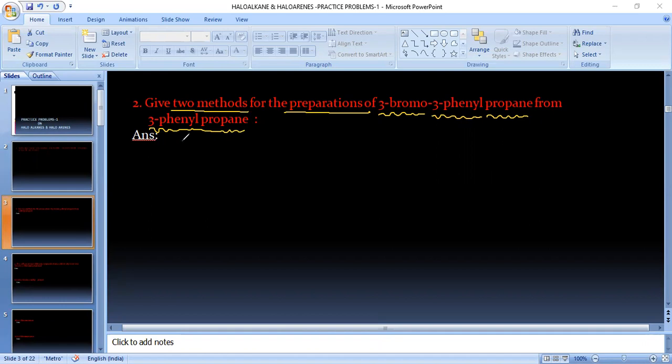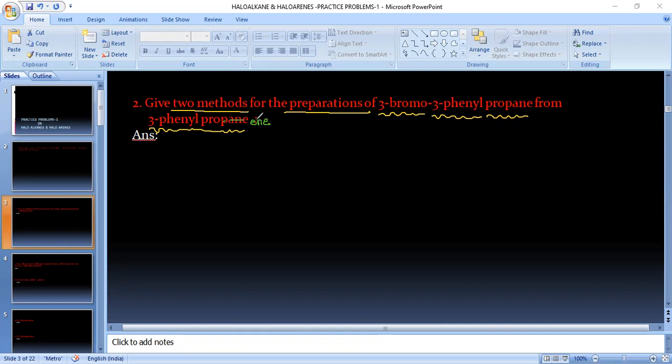And first, what we need to see better. So always in organic chemistry, in the mechanism part, we need to go from the reverse side, or from the product to the reactants side. Like that we need to imagine, then it would be easy for us to solve this type of questions. So first here, 3-phenyl propane. Propane means alkane. No, sorry, it is not propane, it is propene beta.